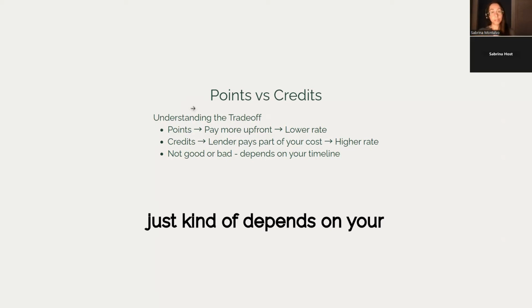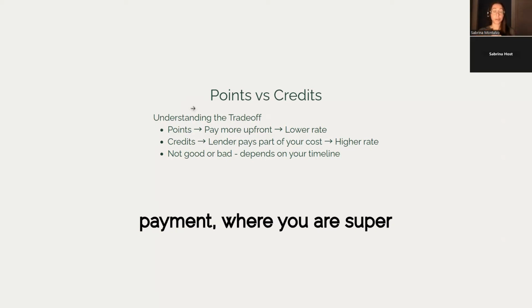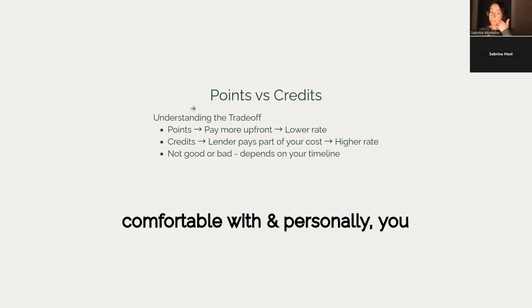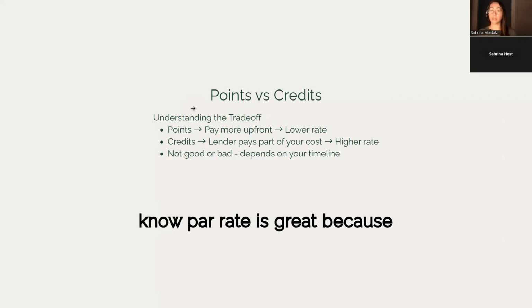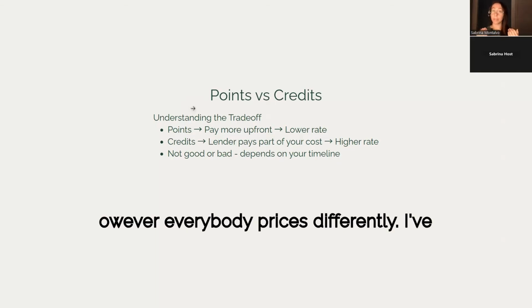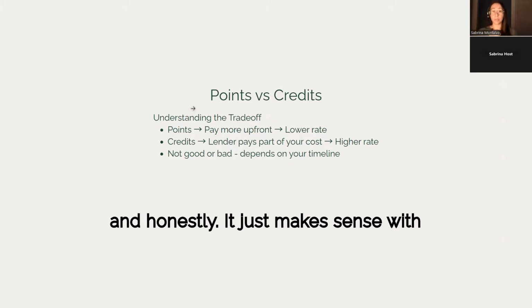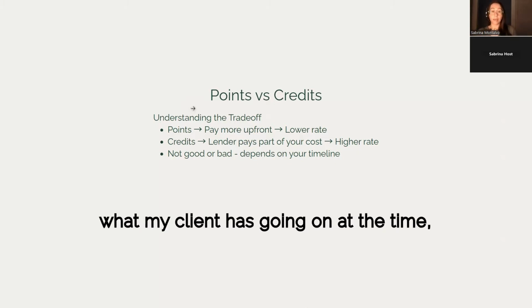It just depends on your timeline, your preferences, and the monthly payment you're comfortable with. Personally, par rate is great because that's the one with the least cost. However, everybody prices differently. I've priced loans many different ways, and honestly, it just makes sense with what my client has going on at the time.